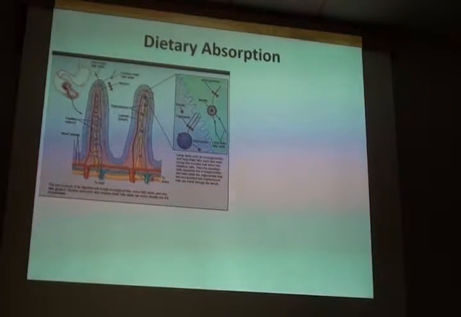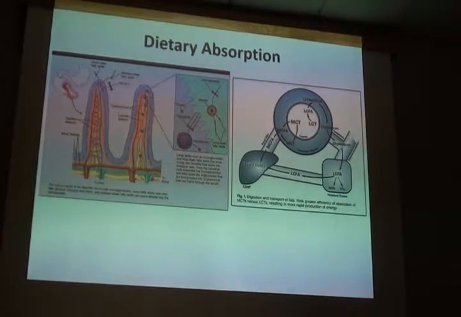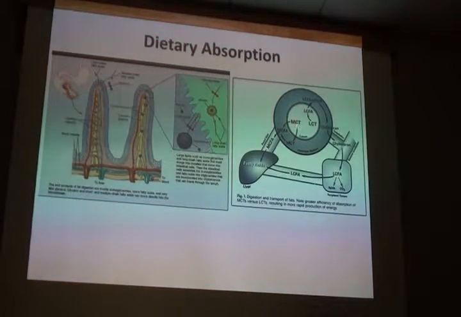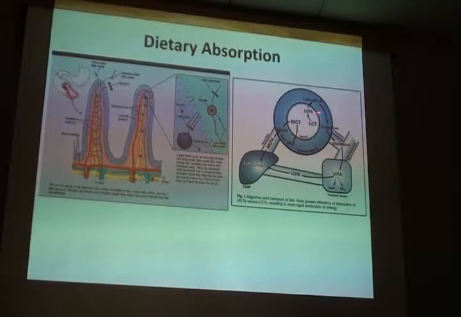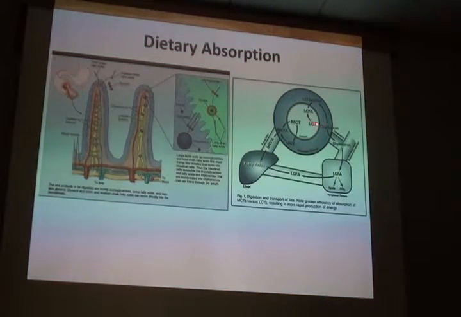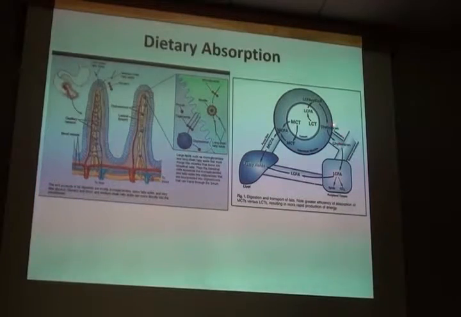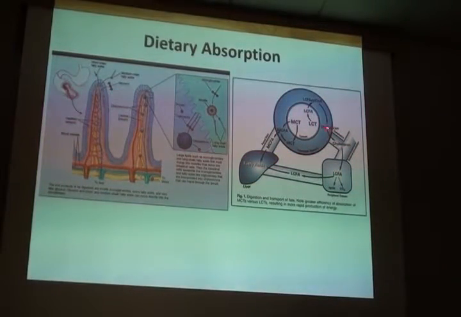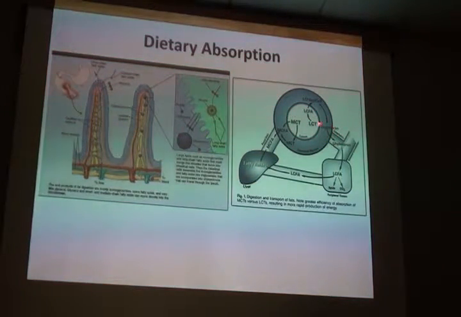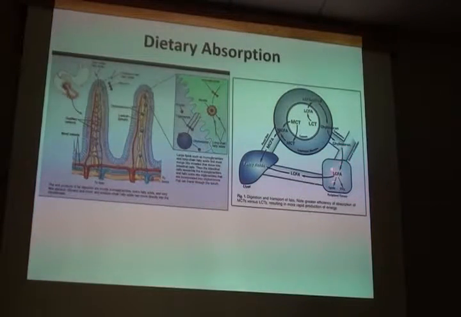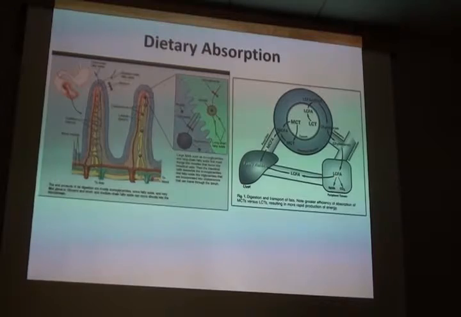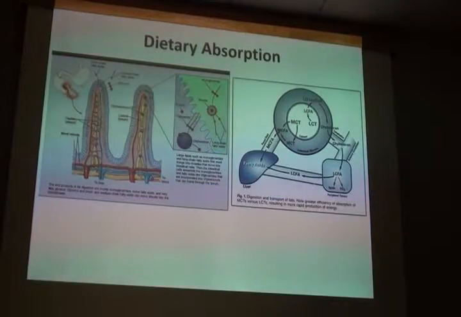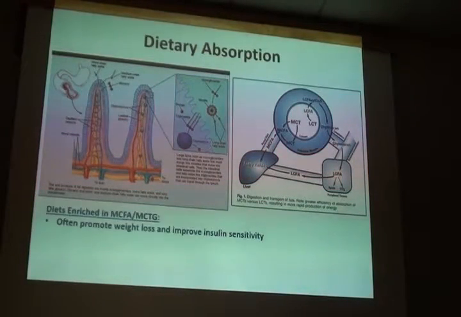So, again, this is just sort of a simplified model here, but it is basically to emphasize the fact that these long-chain triglycerides get acted upon by micelles and form chylomicrons, and they enter the circulation. They're delivered to peripheral tissues preferentially, whereas the medium-chain lipids are delivered directly to the liver to be processed first.